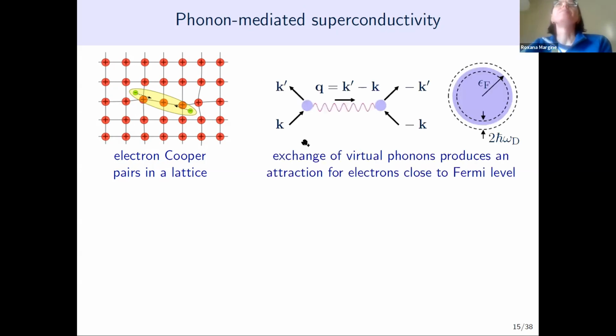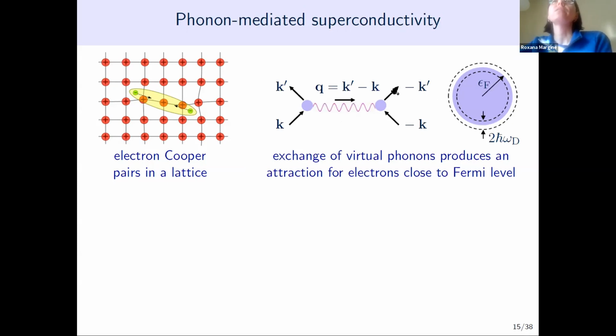Diagrammatically, we can show the formation of this electron pairing in the following scheme. The first electron emits a phonon and then goes into a state k prime. This phonon is absorbed by a second electron in the state minus k, which also goes to a new state minus k prime.